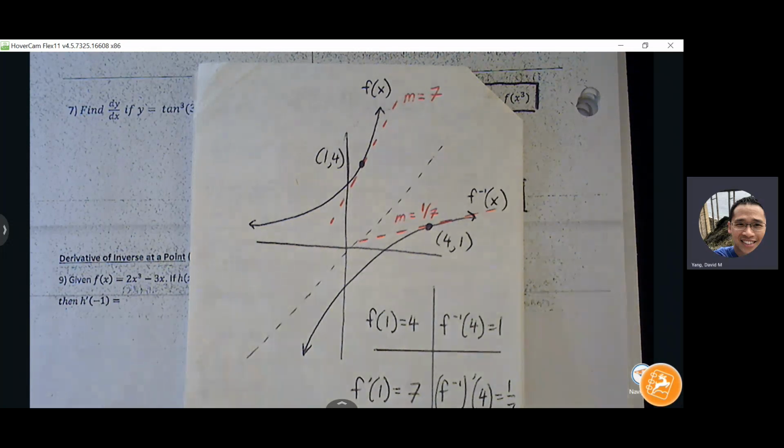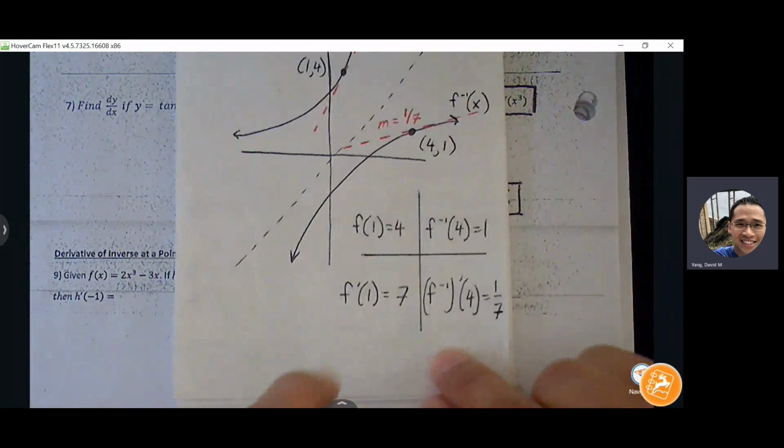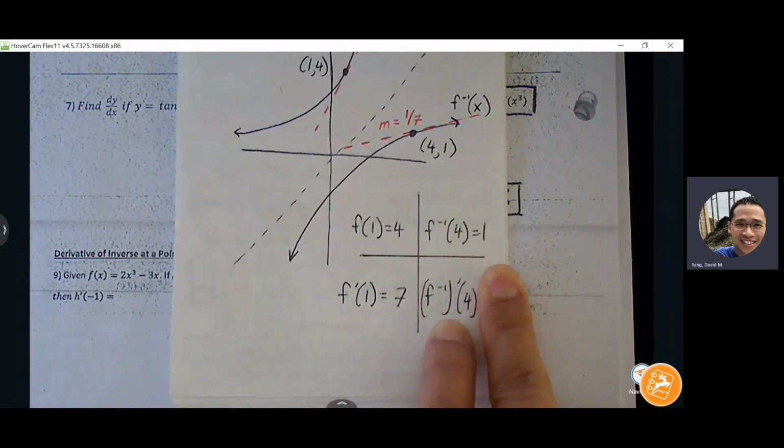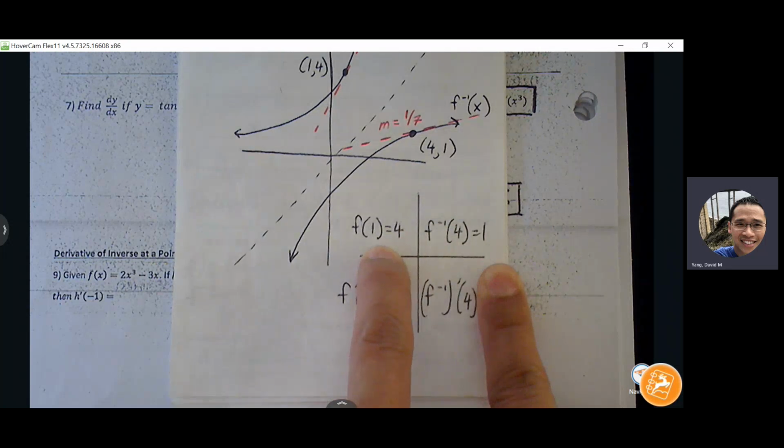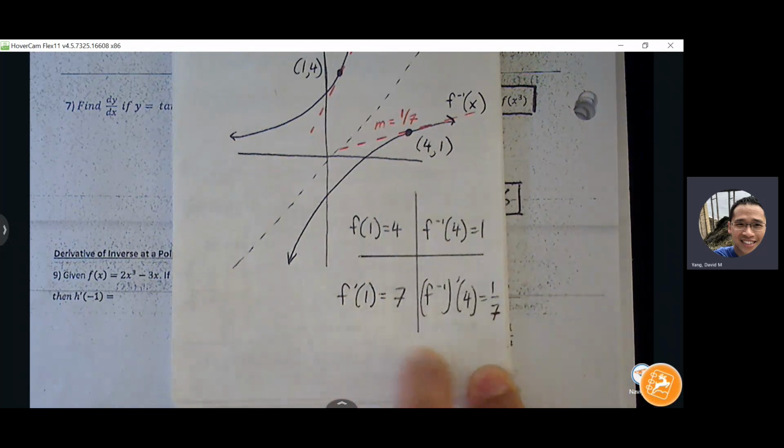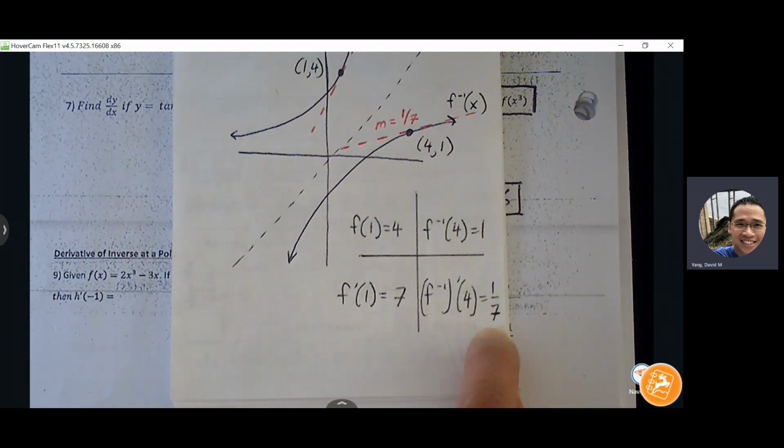So how does that help us? Well, normally the process begins where you're asked to find the derivative of the inverse at a point. The first thing you do is understand that for any ordered pair living on the inverse, I can create the opposite order for the original function. And if I can find the derivative of the original function, then I can take that number and flip it to get what I'm looking for.